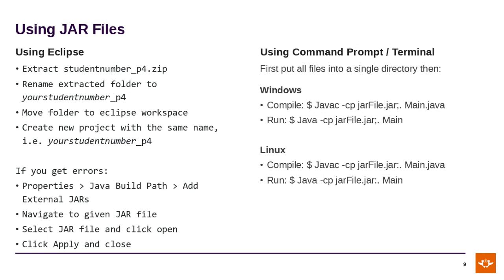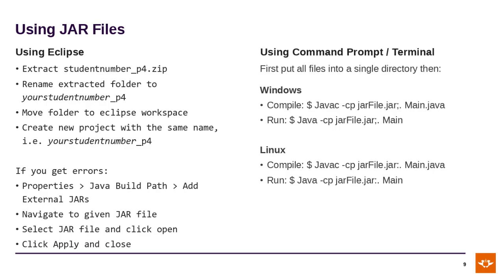That gives you a directory, a folder, right? You change the letters student number to your student number. You move that folder to your Eclipse workspace. I'm told that's exactly what you did last year. Then you create a new project with the same name. That'll make Eclipse access those files for your new project.